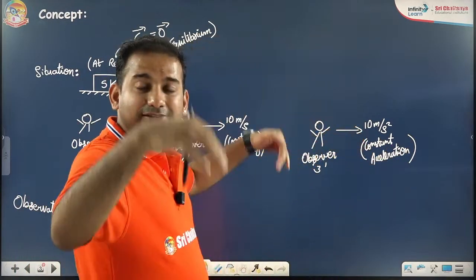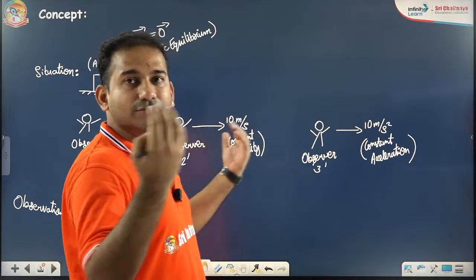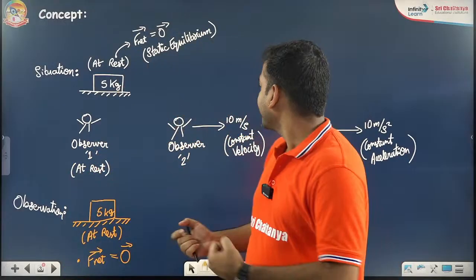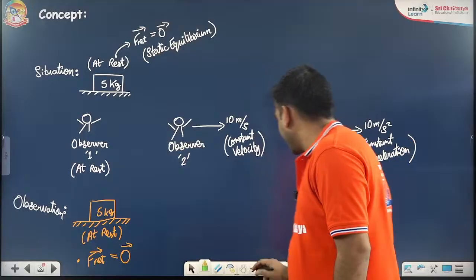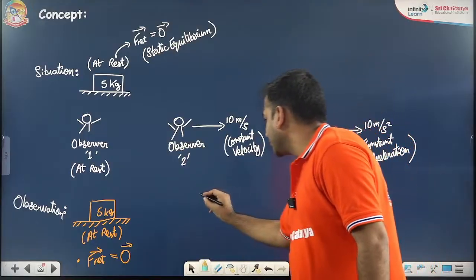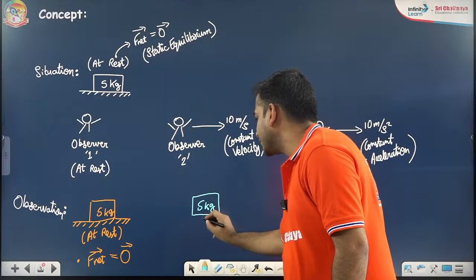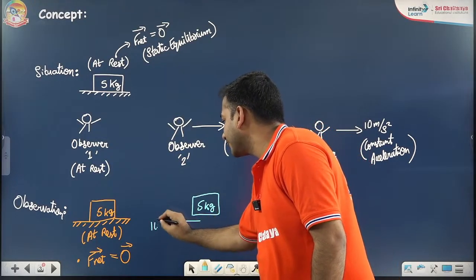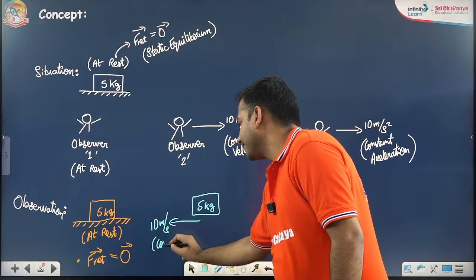So the trees, the plants, the benches on the ground, according to me, will be observed to be moving back. In that case, I will say that this 5 kg object will be observed to be moving back with 10 meter per second. It's a constant velocity.